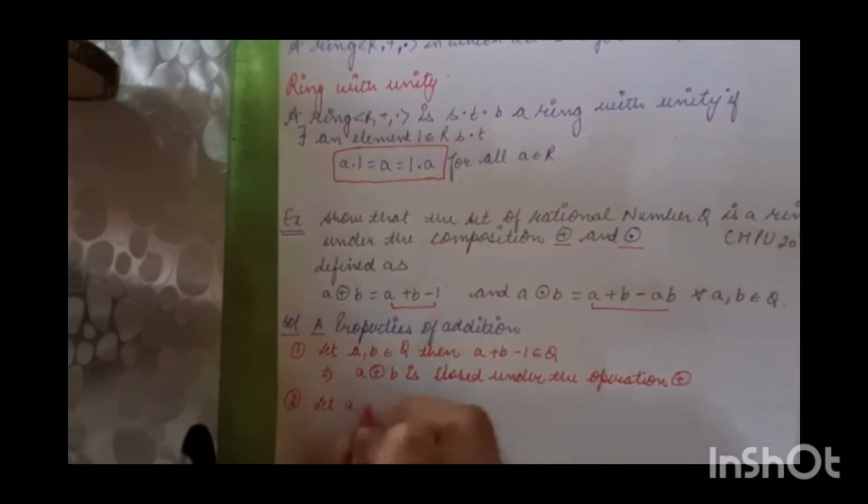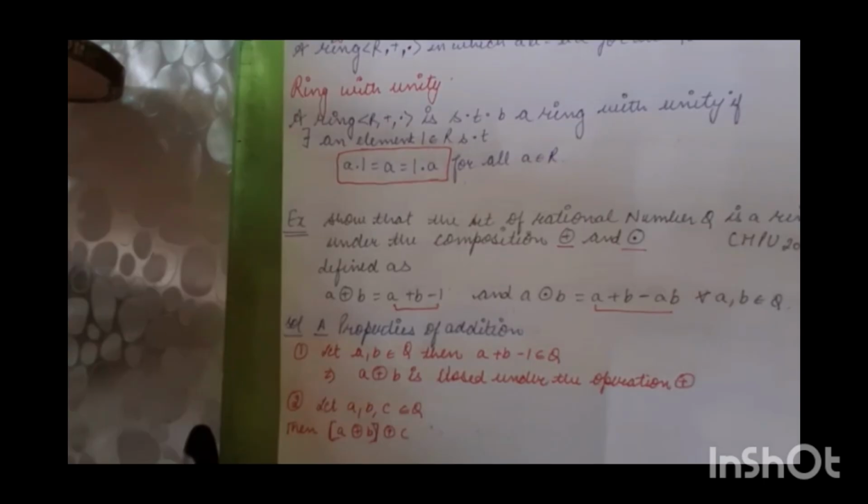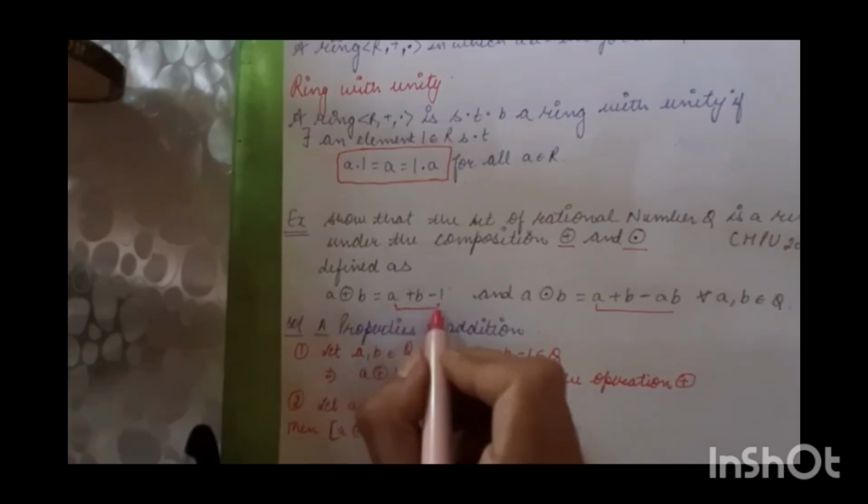Now for the associative property, we need three elements, taking them from the set of rationals. Then we need to operate this particular operation. Let us take these closed brackets here. It is given that A operating on B will give this value.